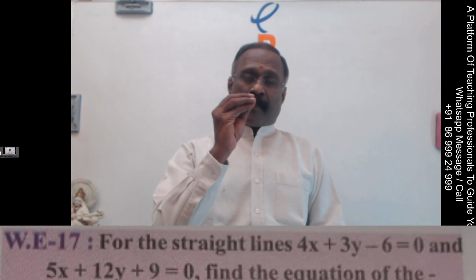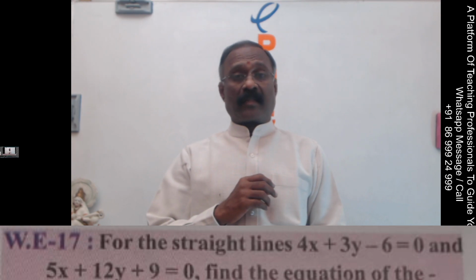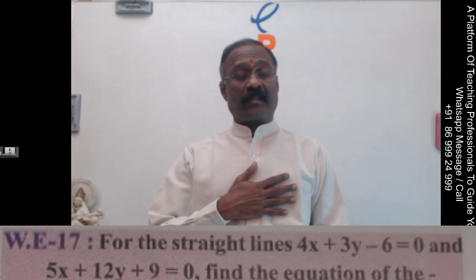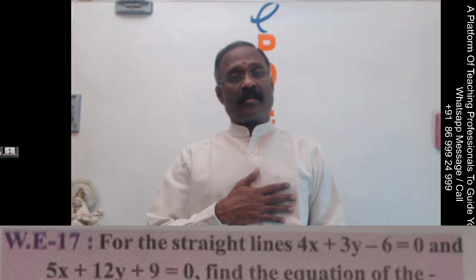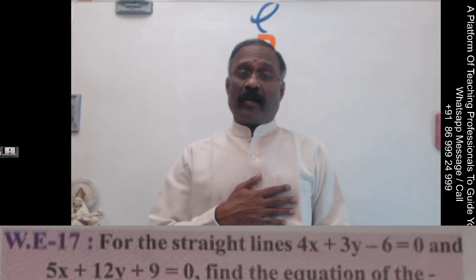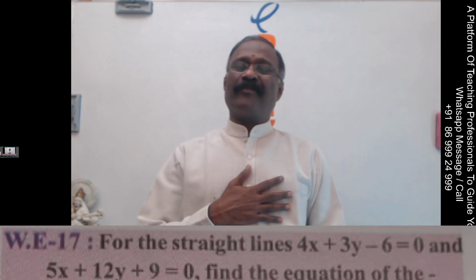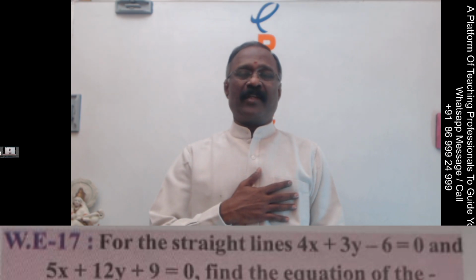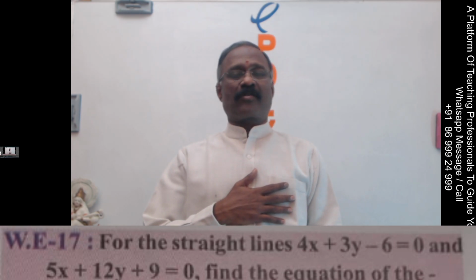So, if you take plus for the angular bisector, whether it is the acute angle bisector or the obtuse angle bisector, we don't know. Similarly, if you take minus, whether it is the acute angle bisector or the obtuse angle bisector, we don't know. For that, we have to find out the value of a1a2 plus b1b2. See, the cos theta formula is a1a2 plus b1b2 divided by root over a1 square plus b1 square into root over a2 square plus b2 square.